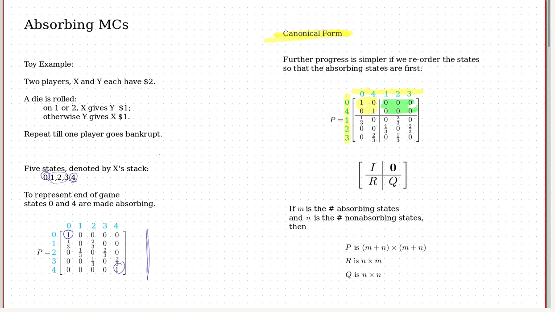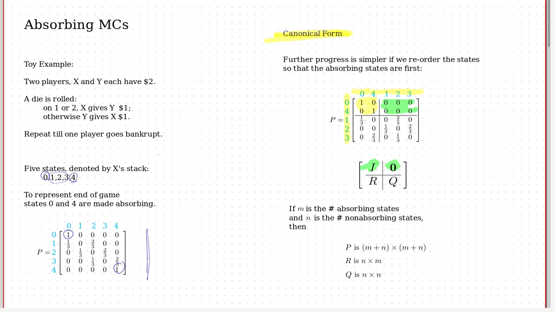So we can say that the general scheme is that the upper half of the transition matrix, when it's in canonical form, consists of an identity matrix on the left and then zeros on the right. Now, the lower part of the transition matrix breaks up into two pieces again, but they can be almost anything.